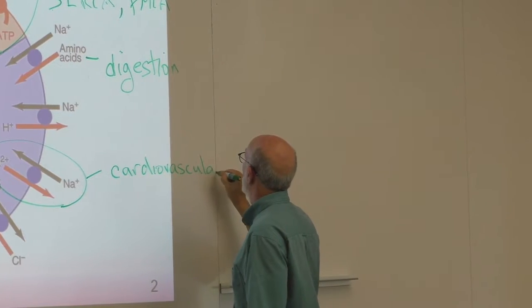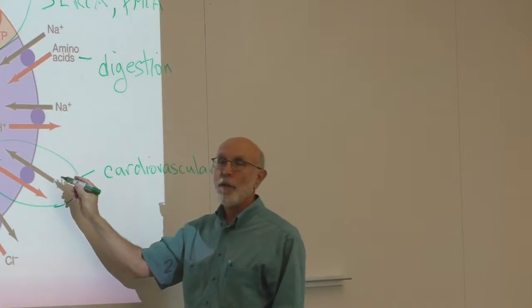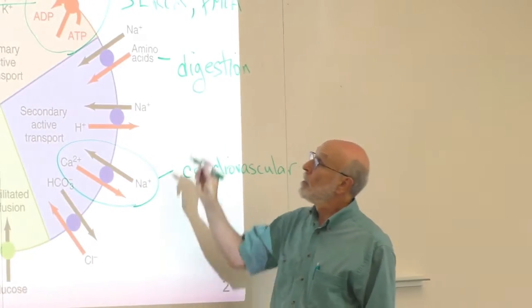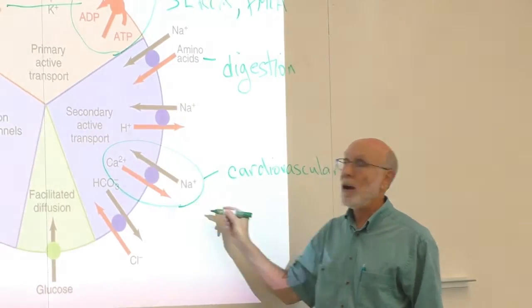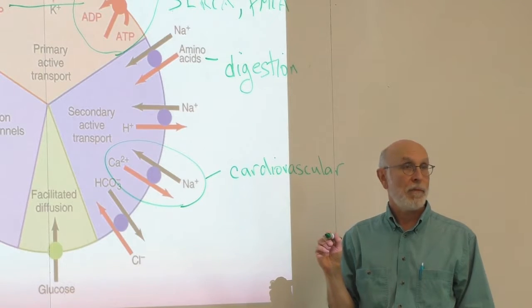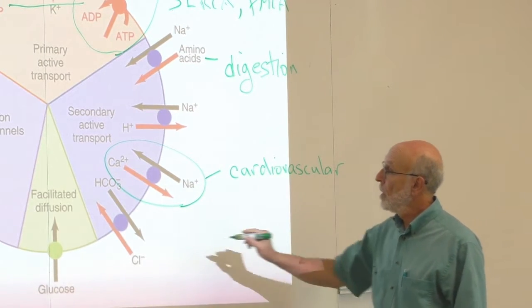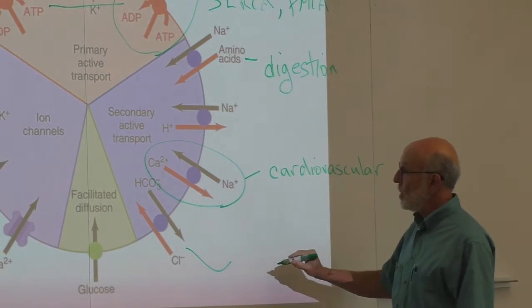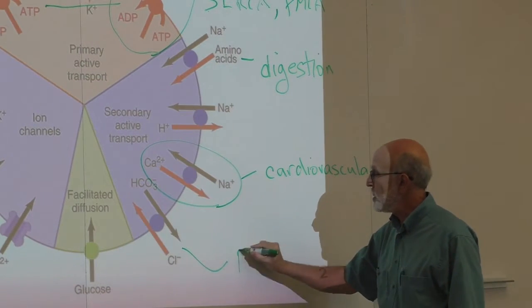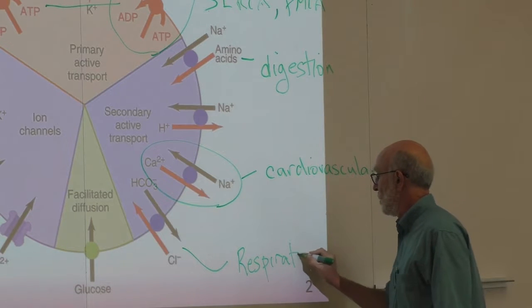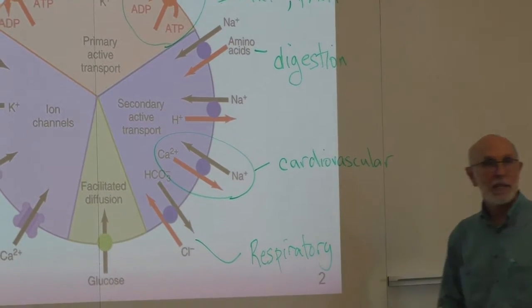Remember we talked about another mechanism for pumping calcium out of the cytosol, a sodium calcium exchange transporter, secondary active transporter. This one is going to become very important in respiratory, which comes after cardiovascular.